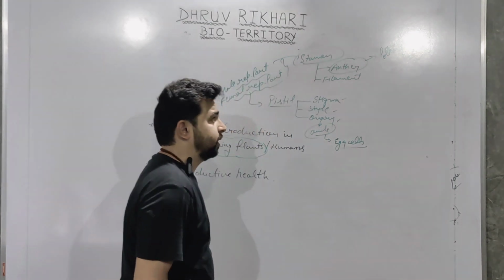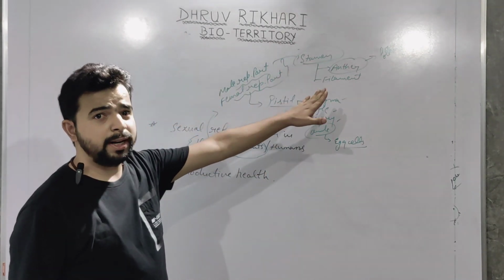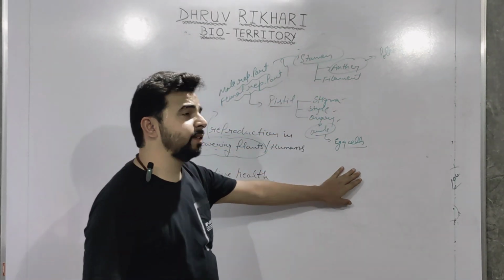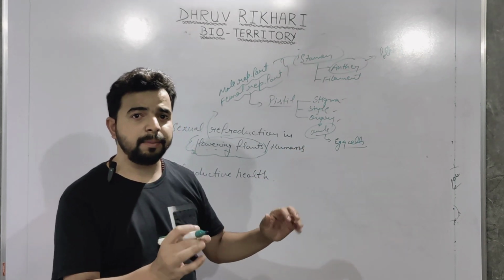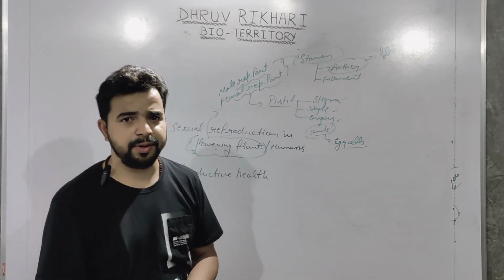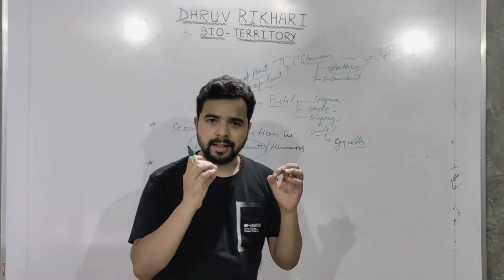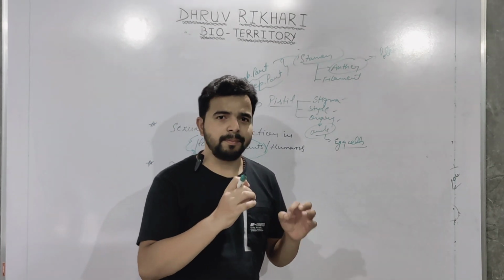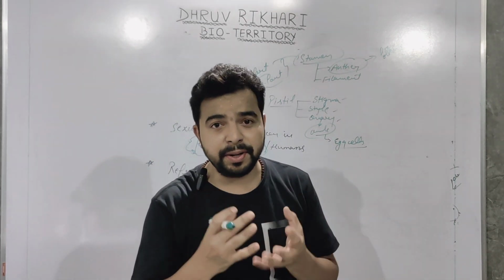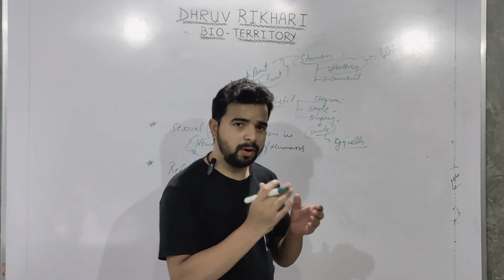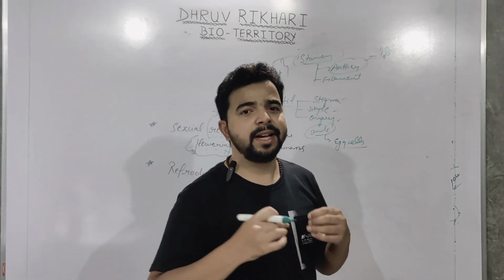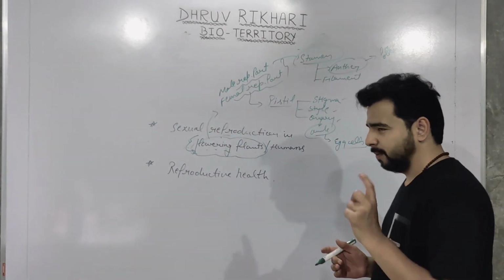These pollen grains and egg cells are the product of meiosis cell division. We all know that meiosis gives a reduced chromosome number, so they are haploid cells containing half the number of chromosomes, right?